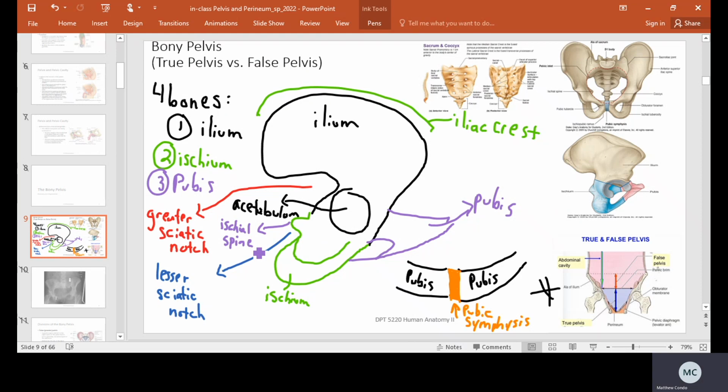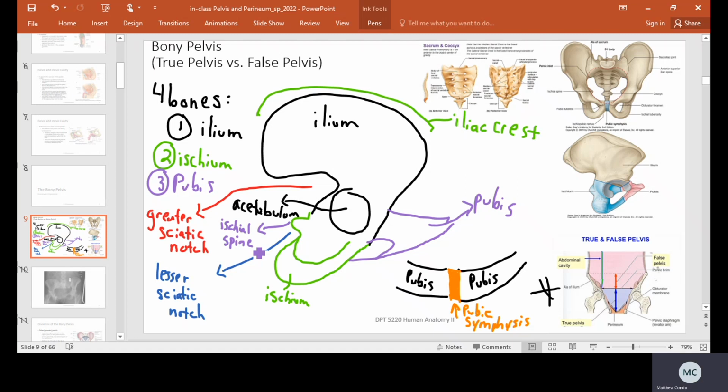So what we're going to see, and we're going to get into this in just a little bit, is something called the sacrotuberous ligament. Okay, and that's going to attach my sacrum down to my ischial tuberosity. That's why it's called sacrotuberous. I'm also going to have something called my sacrospinous ligament, which is going to attach my sacrum down to my ischial spine.